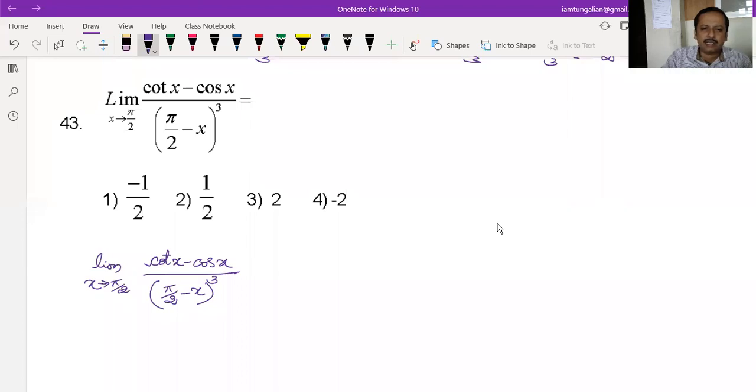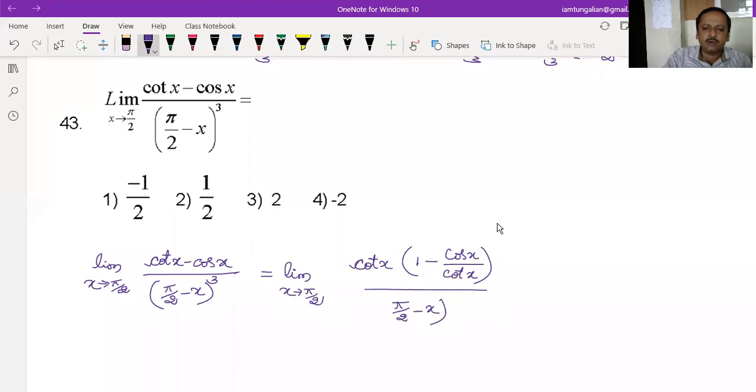Here I will take cot x as common. Then you will have 1 minus cos x divided by cot x, divided by pi by 2 minus x whole cube. That's equal to limit as x tends to pi by 2.